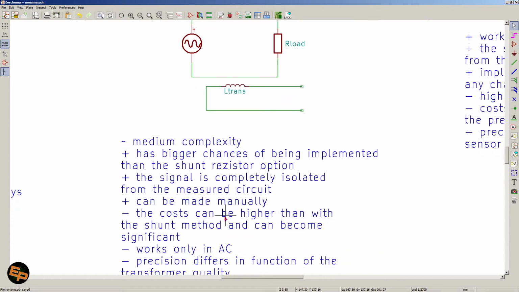However, if you do decide to buy it, then the costs can be higher than with the shunt method and can become significant. It can, meaning it depends a lot on what kind of transformers you want to buy and how much they cost.